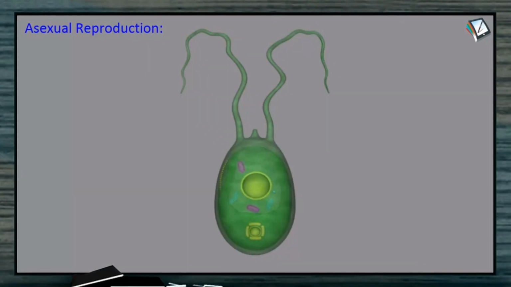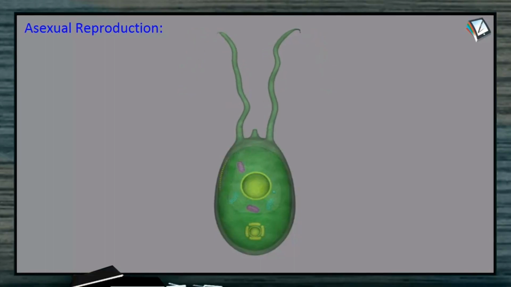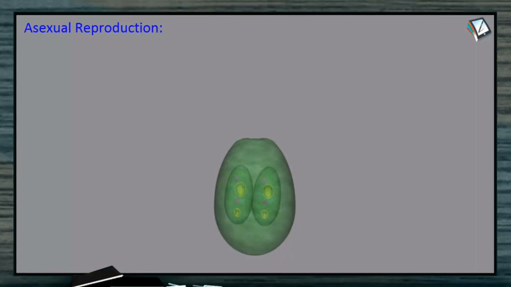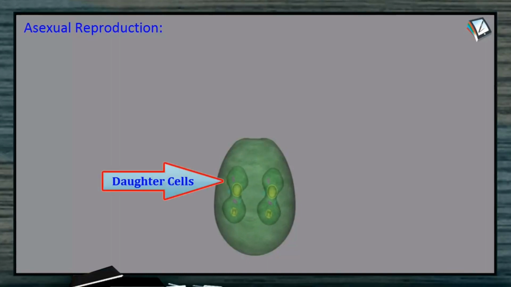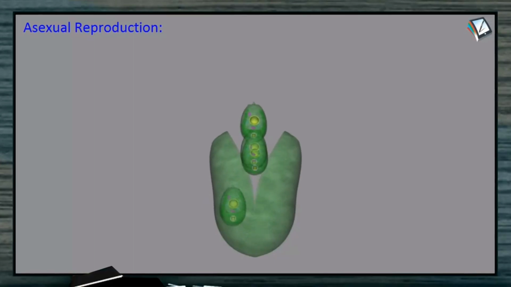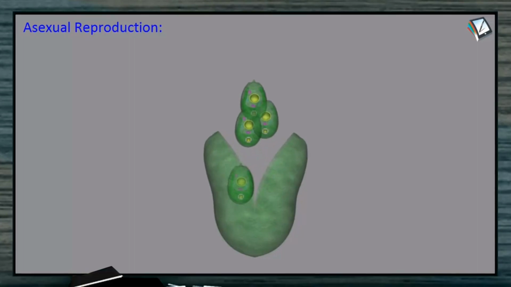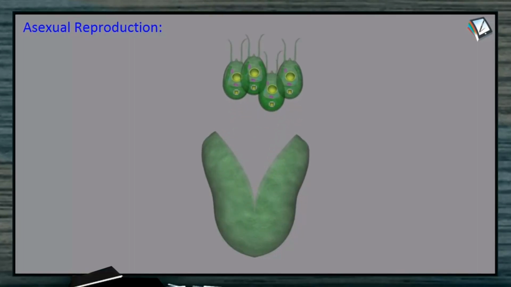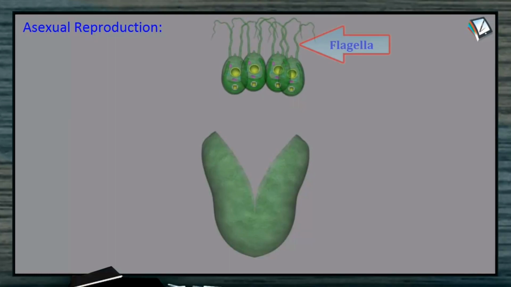Chlamydomonas asexual reproduction. In asexual reproduction, the Chlamydomonas cell withdraws its flagella. The protoplasm inside divides 2 times, producing 4 daughter cells, and each daughter cell develops 2 flagella, and by the dissolution of the parent cell wall, these flagellated daughter cells come out, and since they are moving with the help of flagella, they are called zoospores.